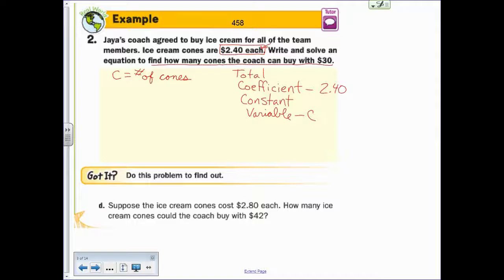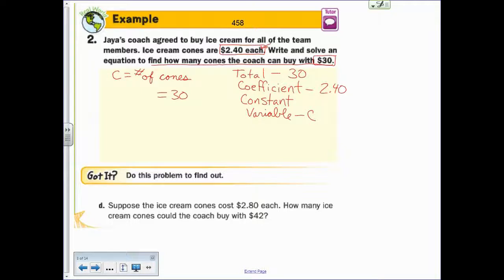Then we have this $30 here on the end. It says, find how many cones the coach can buy with $30. Does that sound like something we're going to add to the variable, the number of cones? Or does it sound like the total amount in this problem? Yeah, it sounds like the amount of money he has to spend, the total amount. So that's going to be our total, which means it's going to be all by itself on one side of the equal sign.